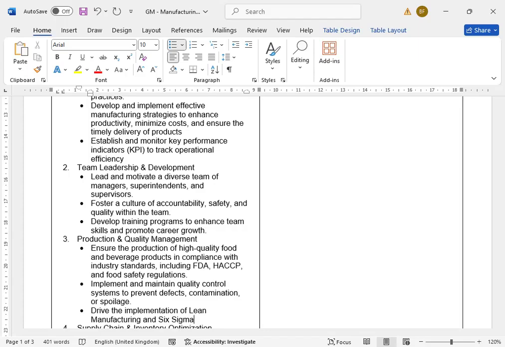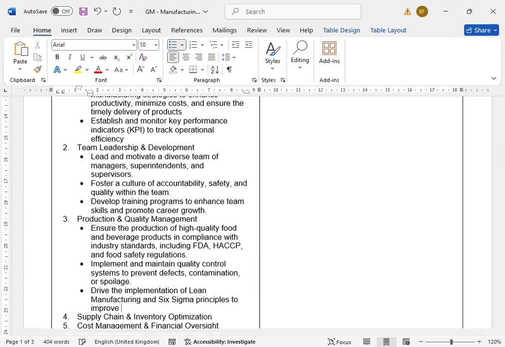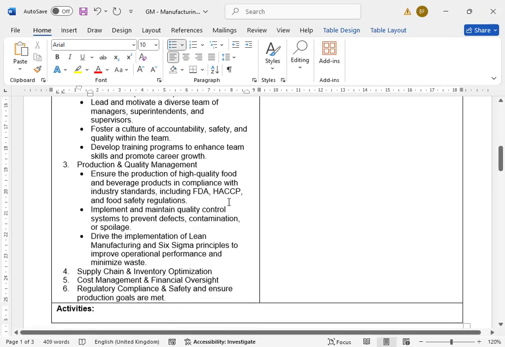Most especially food and beverage companies are adopting the Six Sigma standards, the Six Sigma principles, to improve operational performance and minimize waste. Okay, that's it for the third.